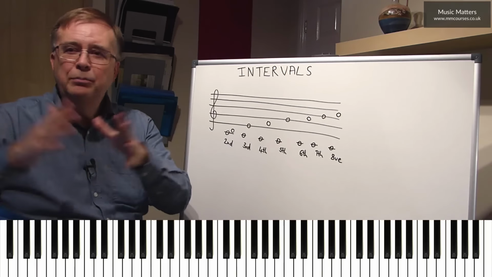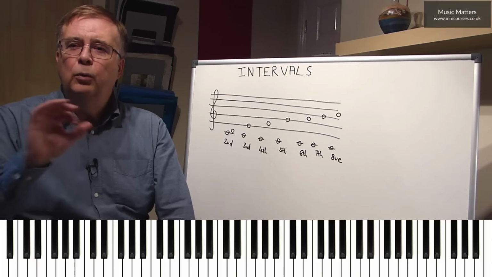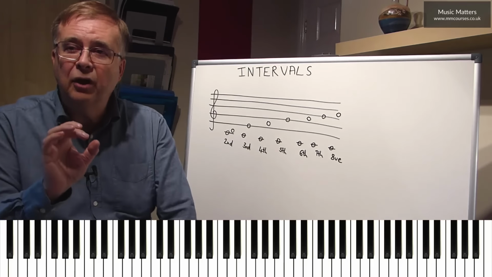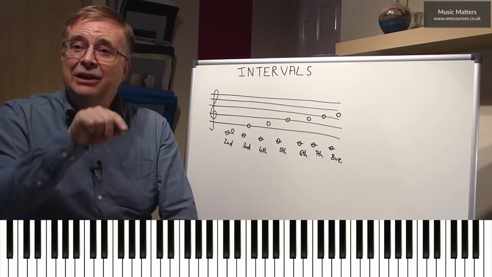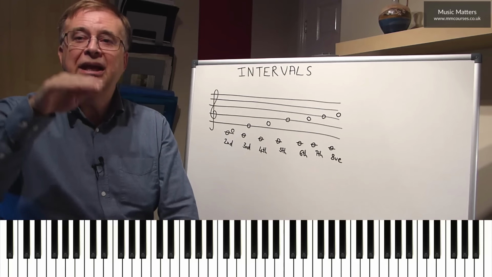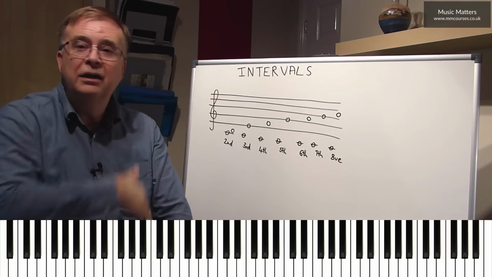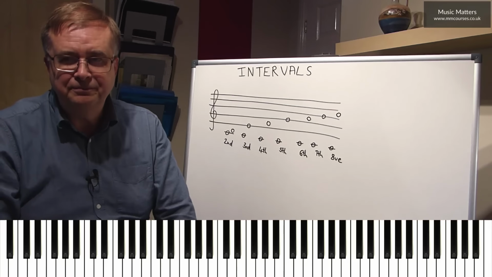And between any pair of notes, you can calculate the interval. So what you do is you look at any pair of notes that you've got an interest in, and you take the lower note, you call the lower note number one, and you simply count up to the upper note to work out what the number of that interval is.